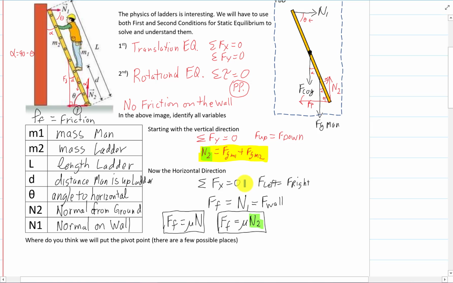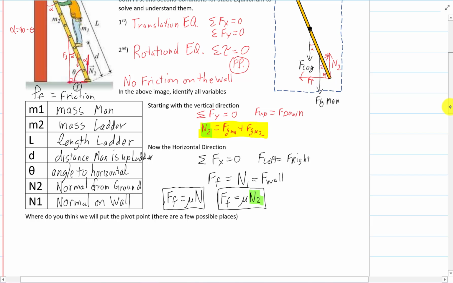So that it brings us from the vertical to the horizontal, that gives us the force of friction, which gives us the normal force on the wall. So these are related. Okay, we'll leave that alone.